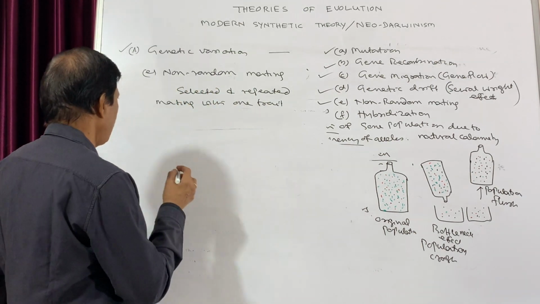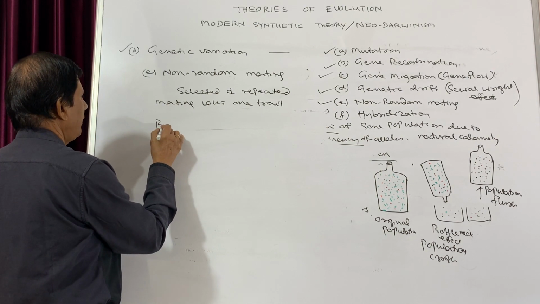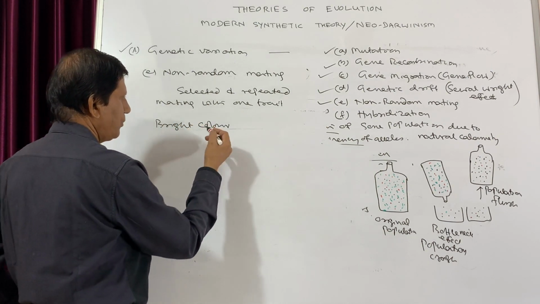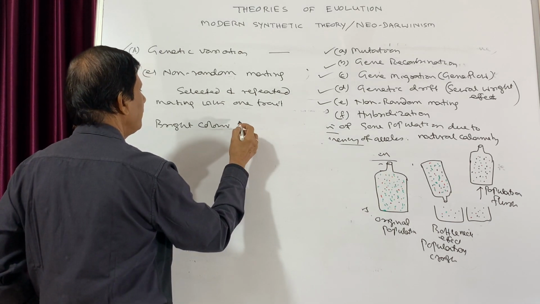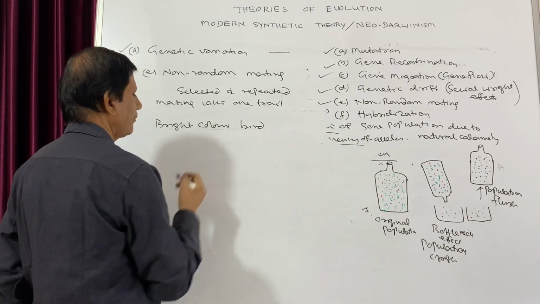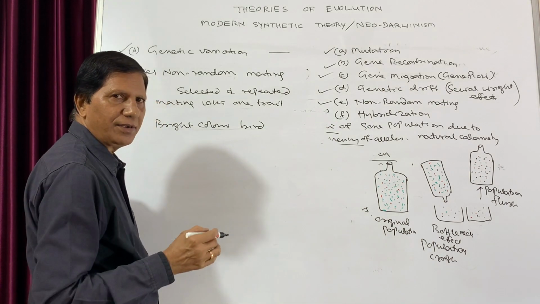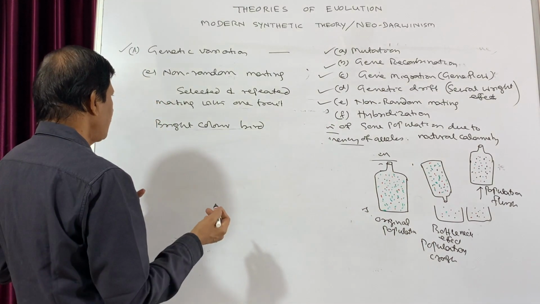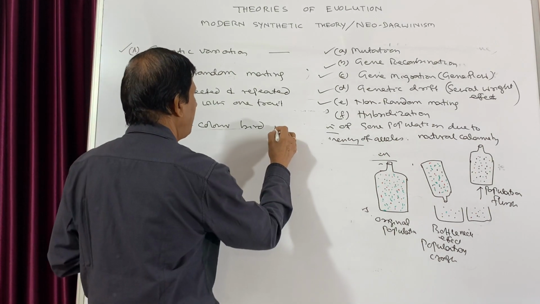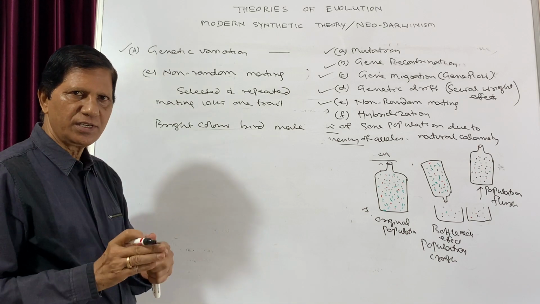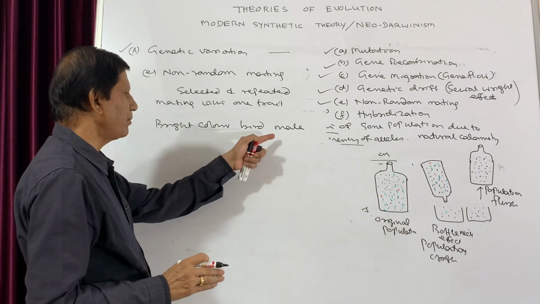Suppose, for example, there is a bright colored bird, and the female bird prefers the bright colored male bird. The female bird always selects this bright colored bird.